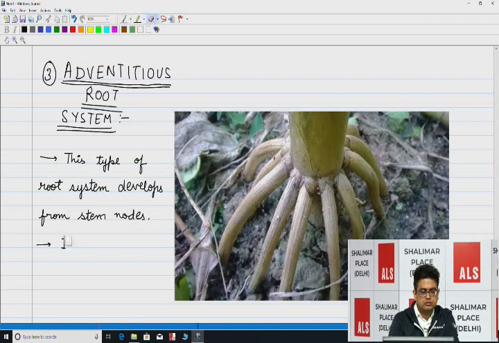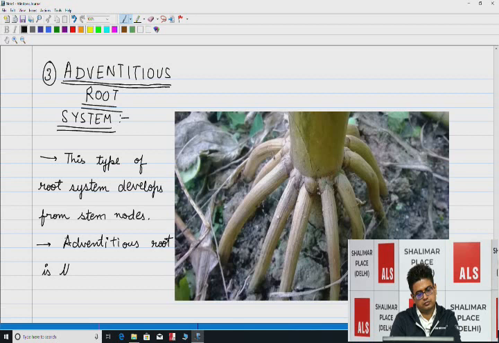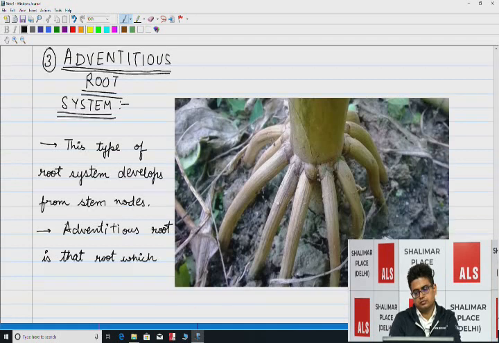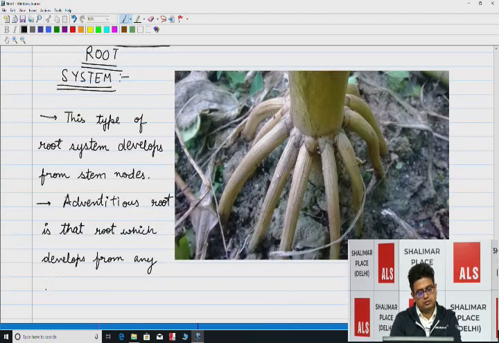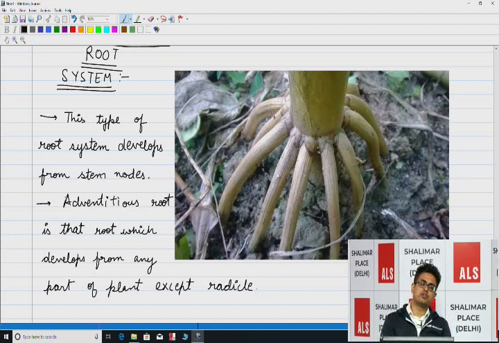You can also write here: adventitious root is that root which develops from any part of the plant except the radicle. That is the definition of adventitious root.